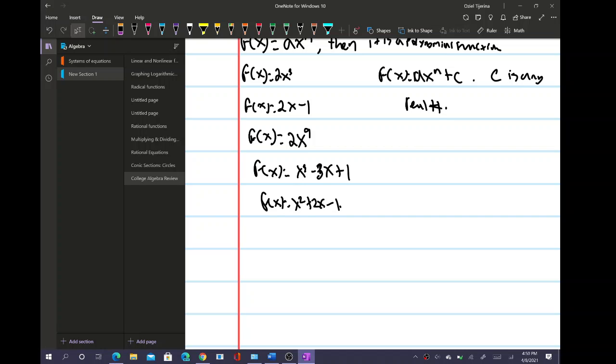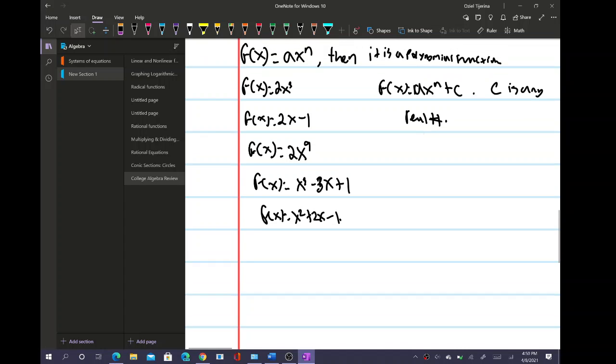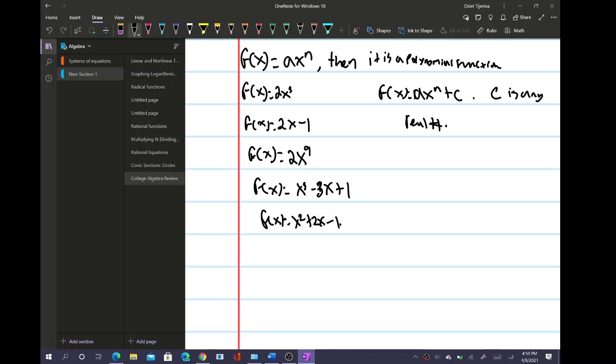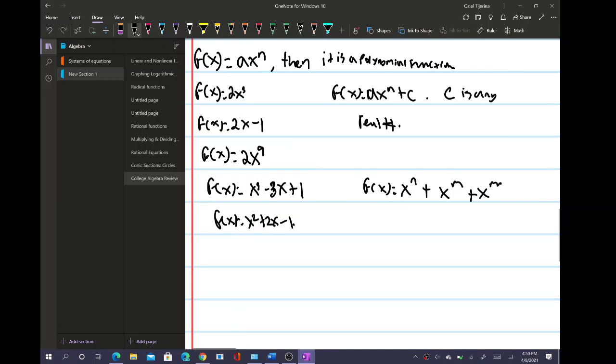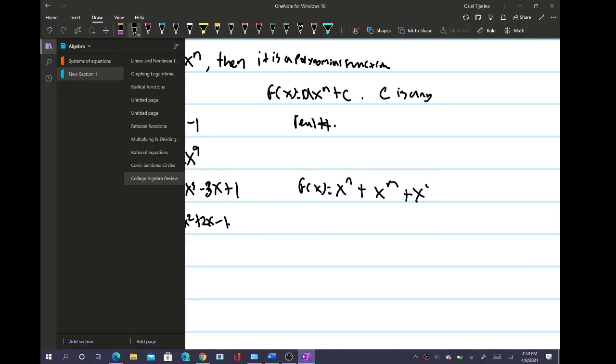If I said f of x equals x to the something plus x to the something plus x to the something, yeah, this is a polynomial function.